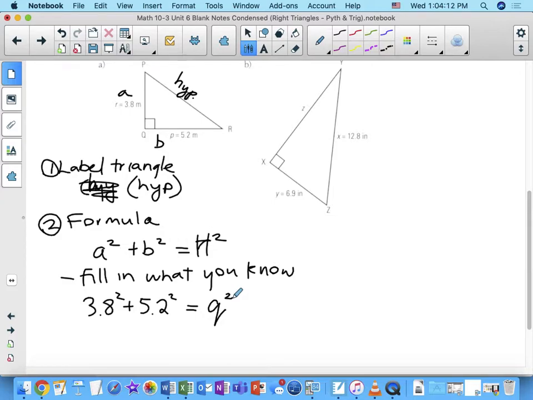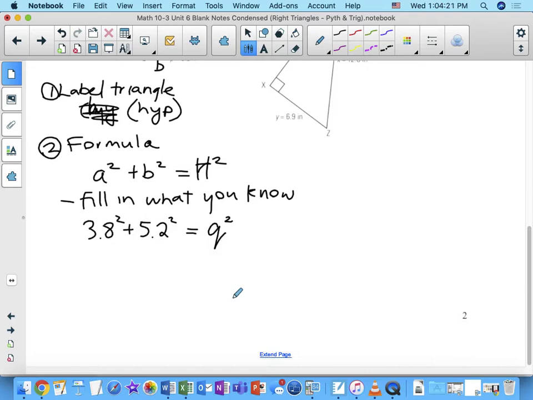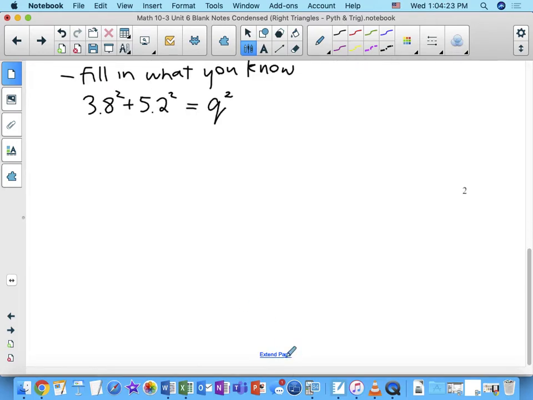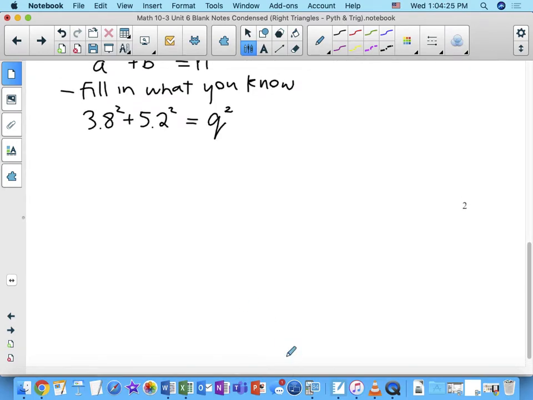And then what we're going to do is evaluate the squares and sort of simplify. So what I mean by evaluate is like, what are they equal to? Now, on your calculators, okay, if you want to go 3.8 squared, there's a couple of options. You might see one of three buttons.